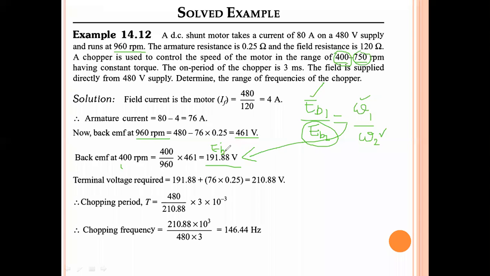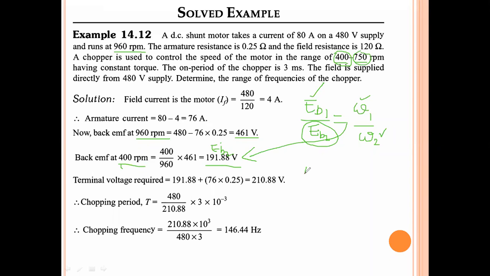So at 400 RPM, the back EMF is 191.88 volts. And similarly, at this particular instant, that means at 400 RPM, what will be the motor terminal voltage?